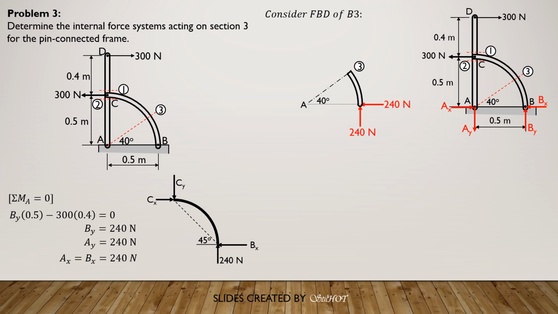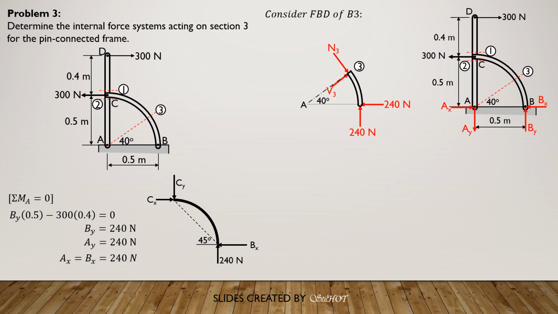So these are the reactions at B, and the forces at 3 are the following: N3 perpendicular to the radius, then shear, assuming these are the directions as shown in the figure, because we can anticipate that these are the directions of these internal forces.